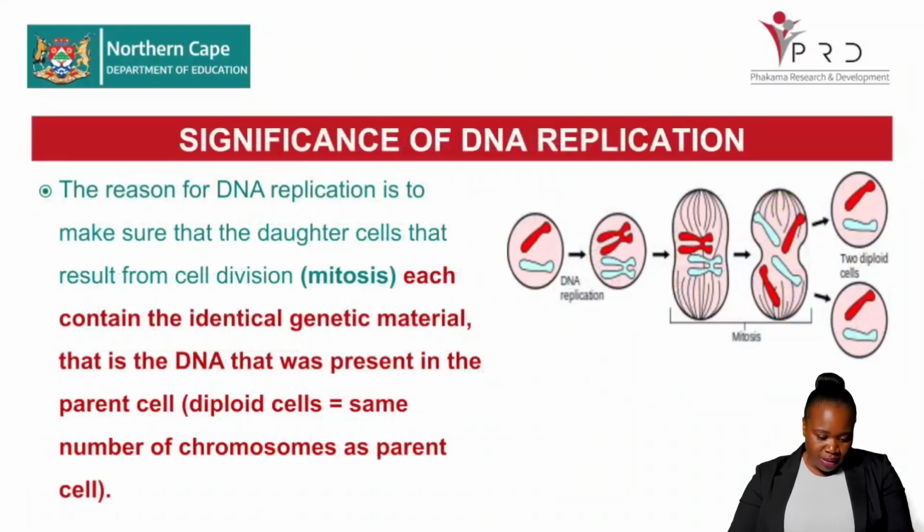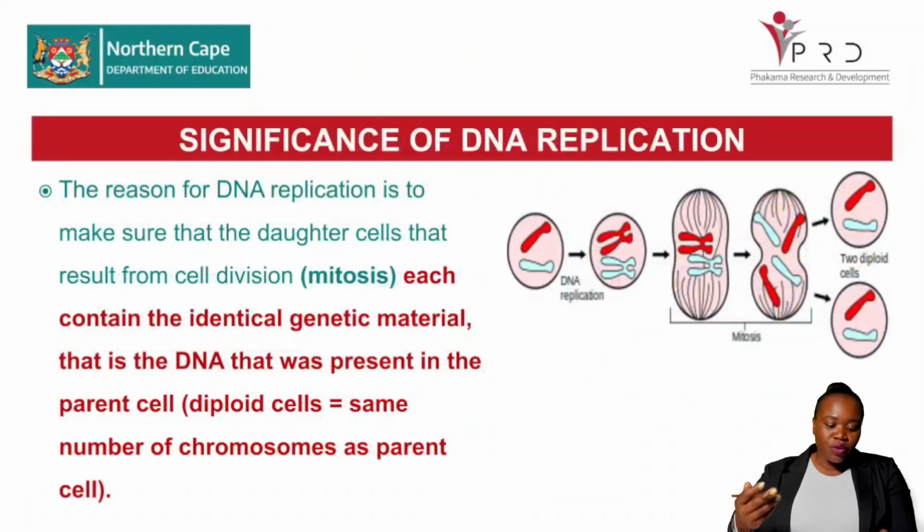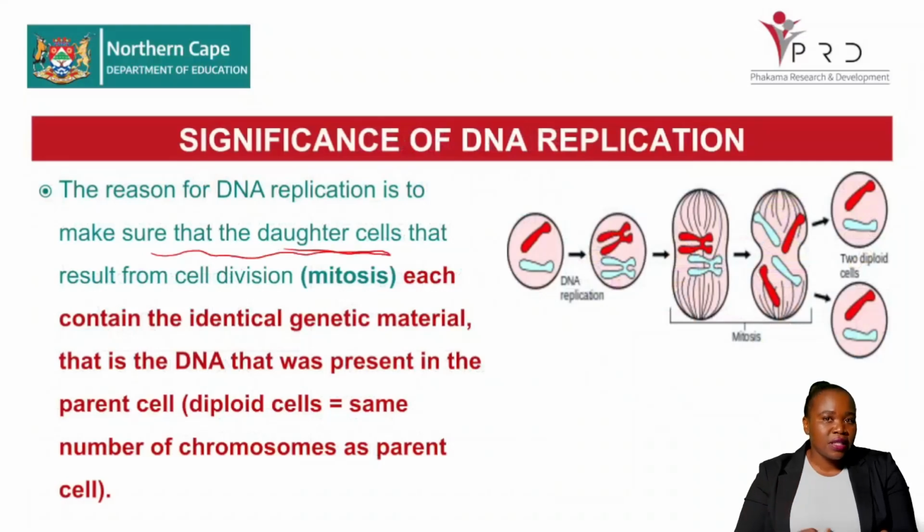Why is that important? Okay, so this is important in both mitosis and meiosis, and mainly in mitosis, we look at the fact that we want those daughter cells that result from mitosis to have identical genetic material. Remember, during mitosis, we have 2 daughter cells that are genetically identical to each other and to the parent cell, meaning that their genetic material is going to be exactly the same.